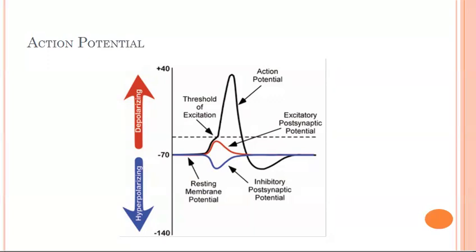Their work, for which they won the Nobel Prize in Medicine in 1963, resulted in the general model of electrochemical transduction. Now, Hodgkin and Huxley studied a very large axon in a squid, a common species for that region in the US.